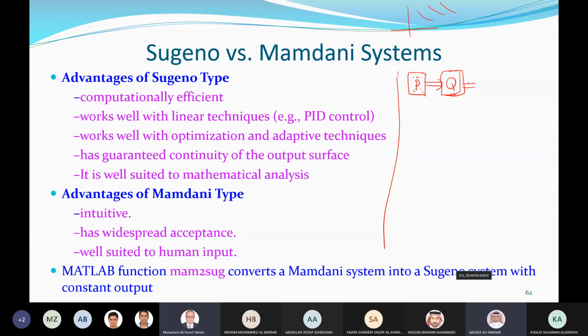And in sequence, you will combine P and Q. You are talking about NSGA-II?